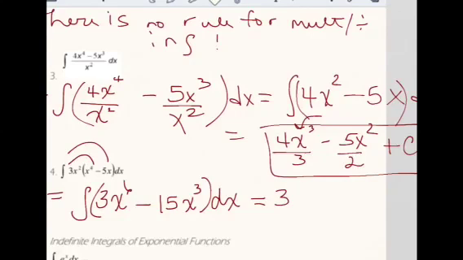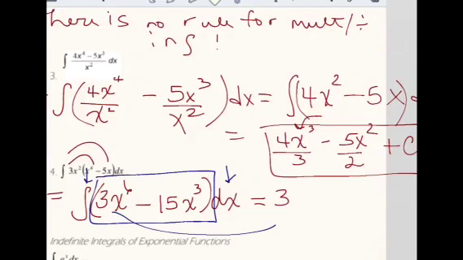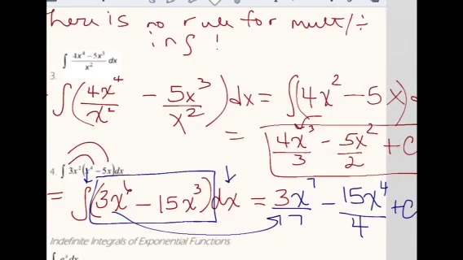So again, remember, you are also dropping the integral sign and dropping the dx because they are nothing but notation. All these symbols are telling you is to find the antiderivative of this thing. So you're just going to pull out the 3, add 1 to the power, and divide. Keep the 15, add 1 to the power, and divide, and add a plus c.